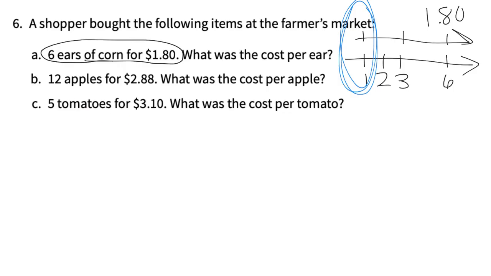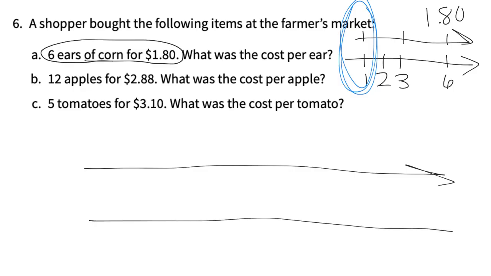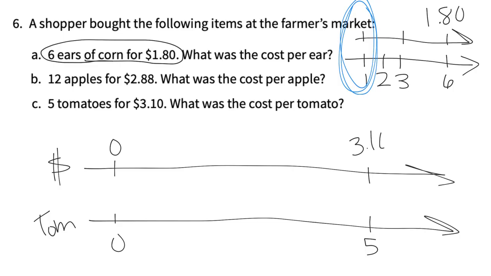The idea is we don't want to forget the beauty of those double number lines. Here's our tomatoes and here's our cost. 0 tomatoes costs $0. But if we have 5 tomatoes that cost $3.10, how do we figure out the cost of a single tomato? Well, 1, 2, 3, 4, 5.